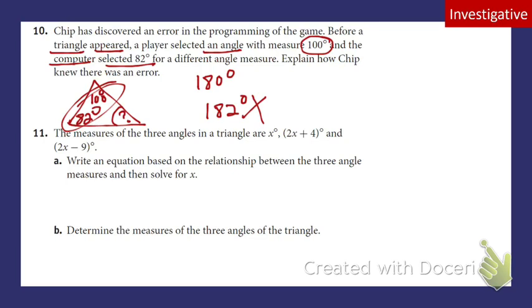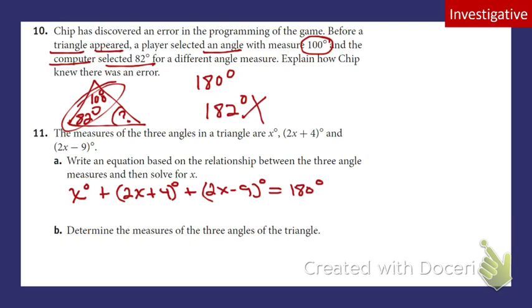Let's take a look at number 11. The measures of three angles in a triangle are x, 2x plus 4, and 2x minus 9. Write an equation on the relationship between the three angle measures and then solve for x. So, we know that all three angles in a triangle add up to 180 degrees. So we just need to add them up and set them equal to 180 degrees. So we have x degrees plus (2x plus 4) degrees plus (2x minus 9) degrees equal 180 degrees.